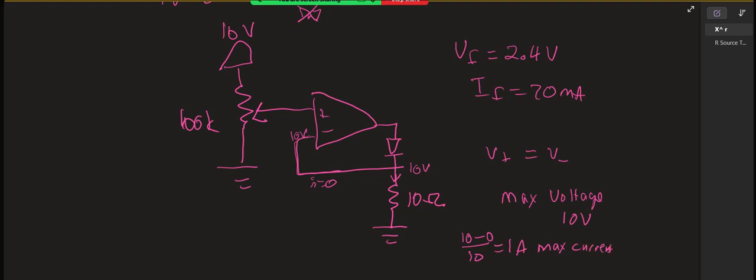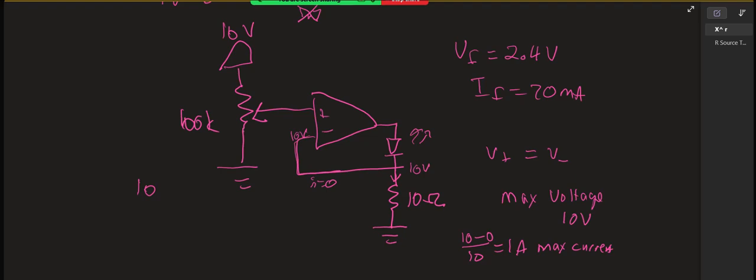All right, now our minimum would be if we get, this was an LED. If we get the potentiometer all the way up to 100K, then the voltage, well, just think of it as moving this arrow up and down.